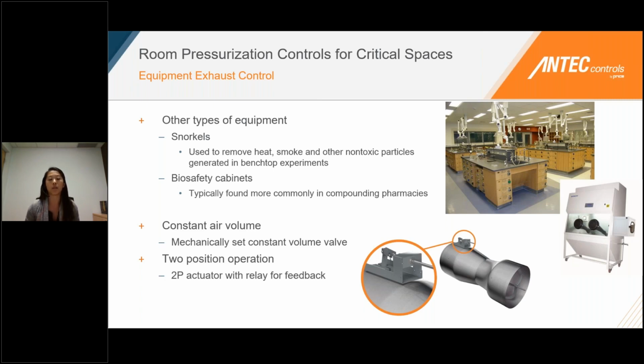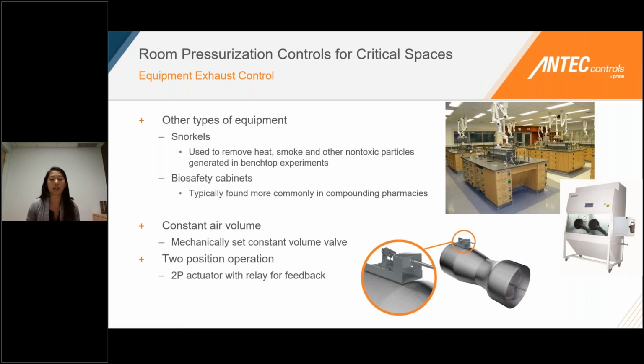But one thing to note about biosafety cabinets is that they aren't fume hoods, so they don't have changing sashes that you can move up and down or side to side. Typically, they'll have doors that you can open or close, or they'll look something like what's shown on the screen here, where you're really not even opening the full area of the biosafety cabinet itself, and it's just constantly exhausting a certain amount of airflow.